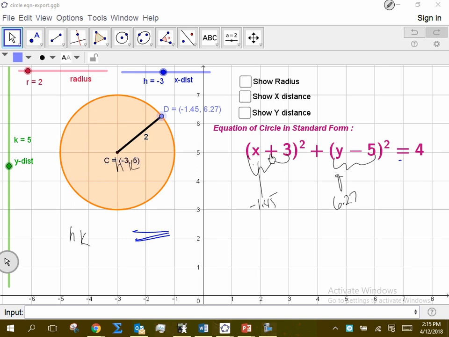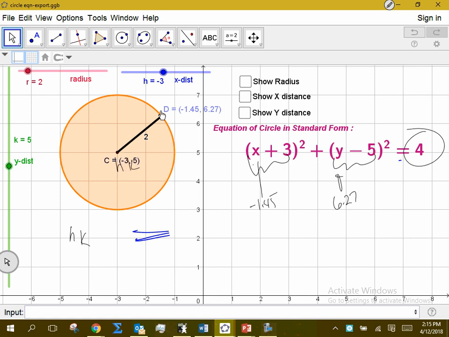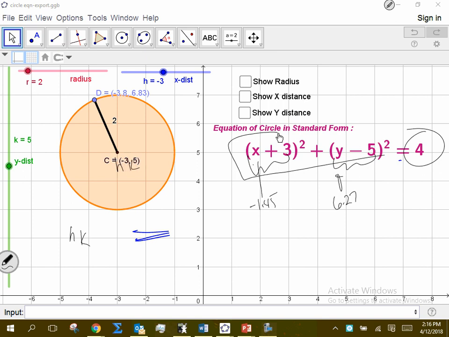Okay, so essentially taking 2.45 and what, 1.27, square those respectively, add them together, what am I going to get? 4. I'll get 4. Okay, every single point on that red circle, no matter what the ordered pair is, as long as it's on that circle, is going to make this equation true.